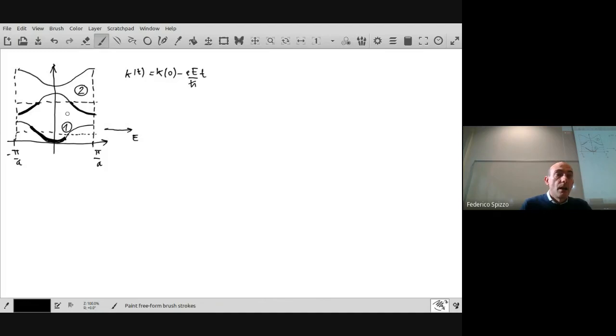Okay. So if we use the same approach, application of the field means a translation to the left of the electronic levels. Due to the translation, on this side the levels translate to the left, and on the other side you also have translation to the left.